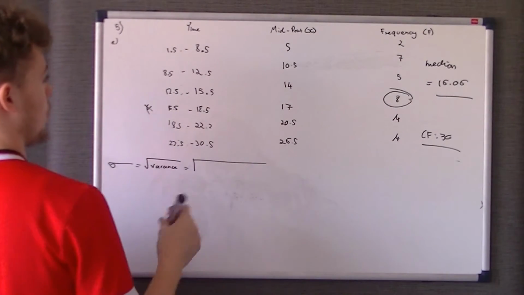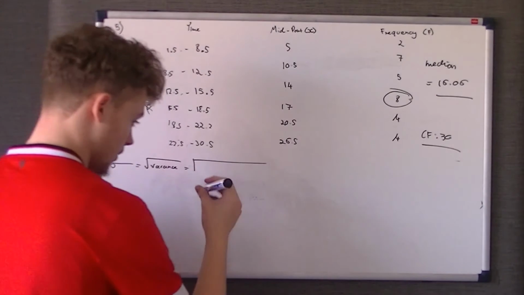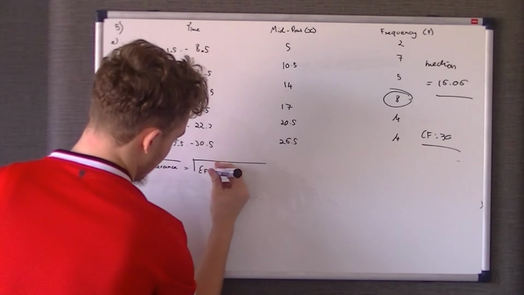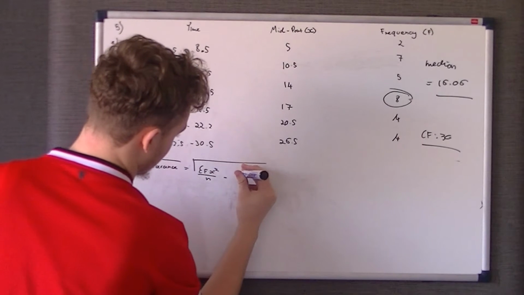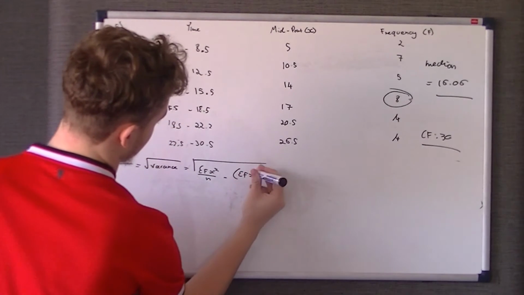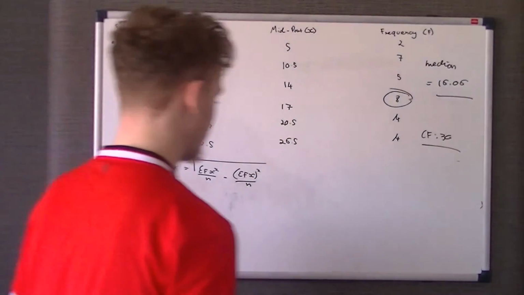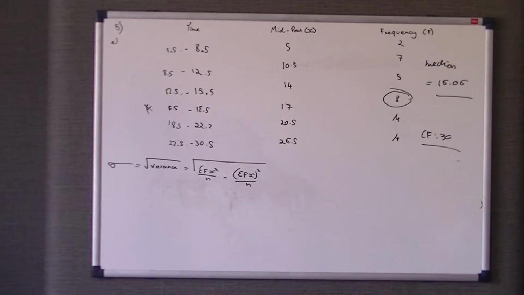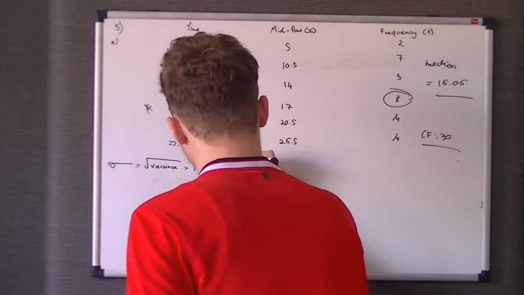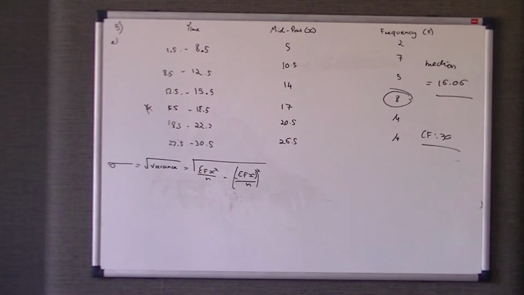Because we're looking at it from the context of group frequencies, the variance is the sum of fx squared over n take away the sum of fx all squared over n, so it's the sum of fx squared over n take away the mean squared.